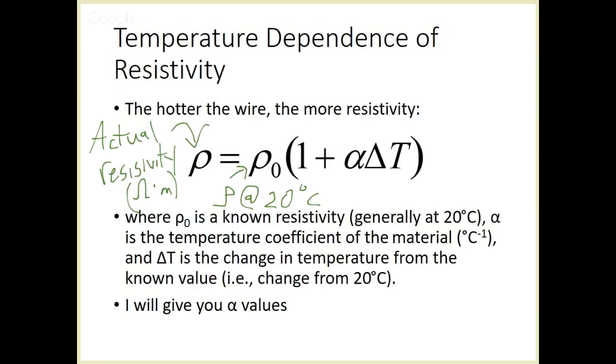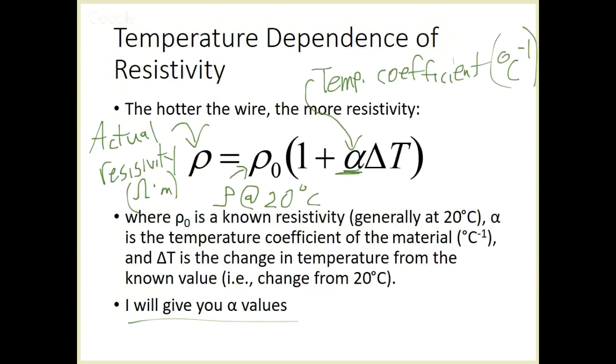And alpha right here is the temperature coefficient. That is measured in inverse degrees Celsius, and that also depends on the material. So once again, I will give you a chart with alpha values, or I'll just straight up tell you in the problem, the temperature coefficient for silver is this value. And delta T is going to be the change from 20 degrees Celsius to your actual temperature.